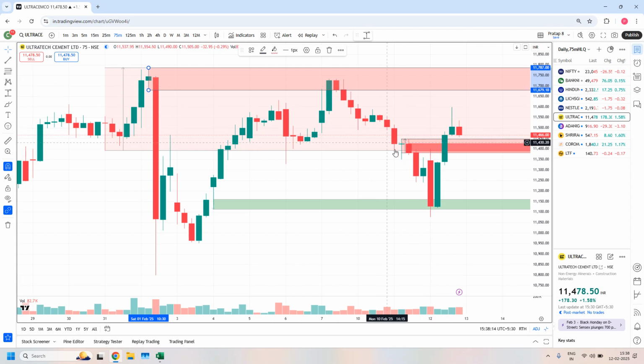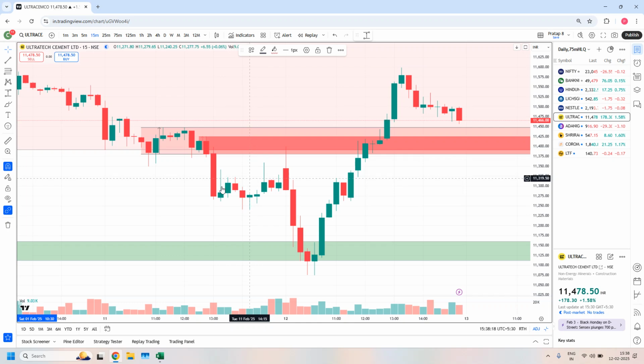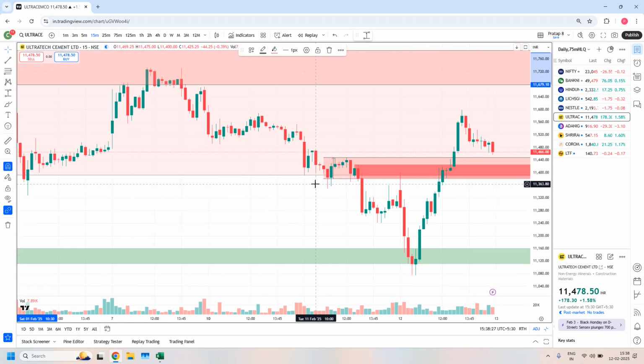And again, we need to fine-tune these zones with 15 minutes time frame. Here you have drop, 2 base candles and a drop candle, a 15-minute zone, drop, base, drop.